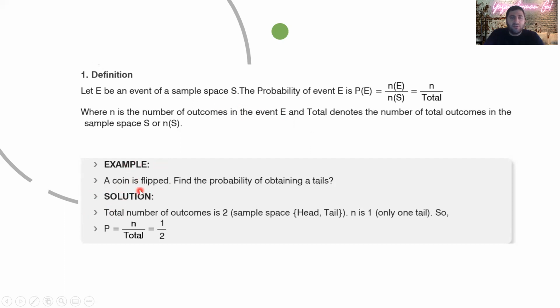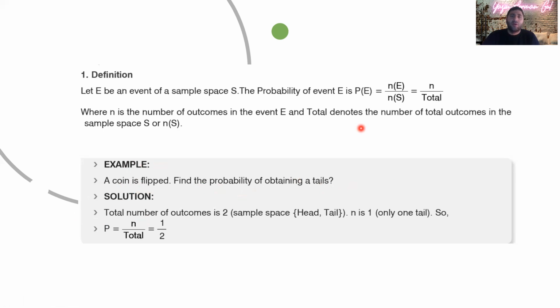If you toss a coin, guys, it says find the probability of obtaining a tail. So when you're tossing a coin, how many options do we have? You have a coin in your hand and you toss it. Obviously, you have two options, right? When that coin lands on the floor, it's either going to be heads or tails.